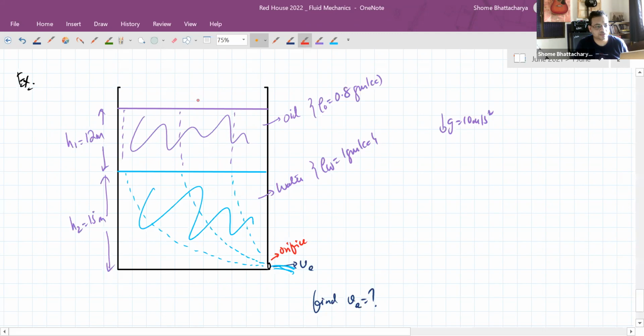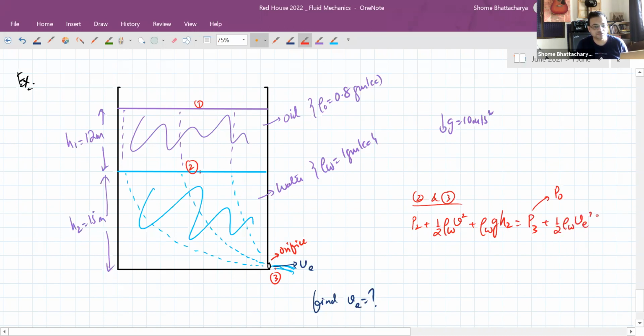So what I'll have to do is relate one point here with another point here, with finally a third point here. Now this second point I can take ambiguously. I can take it inside the oil, or I can take it just below the interface inside water. So if I relate 2 and 3, I can see that pressure at 2 plus half density of water into some V square, plus density of water into g into h2 should be equal to pressure at 3, which will be atmospheric pressure, plus half density of water into efflux velocity square.